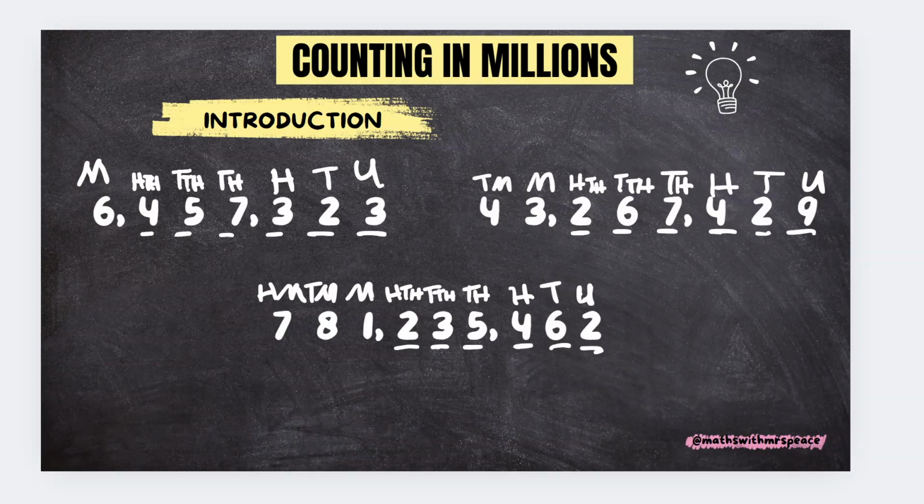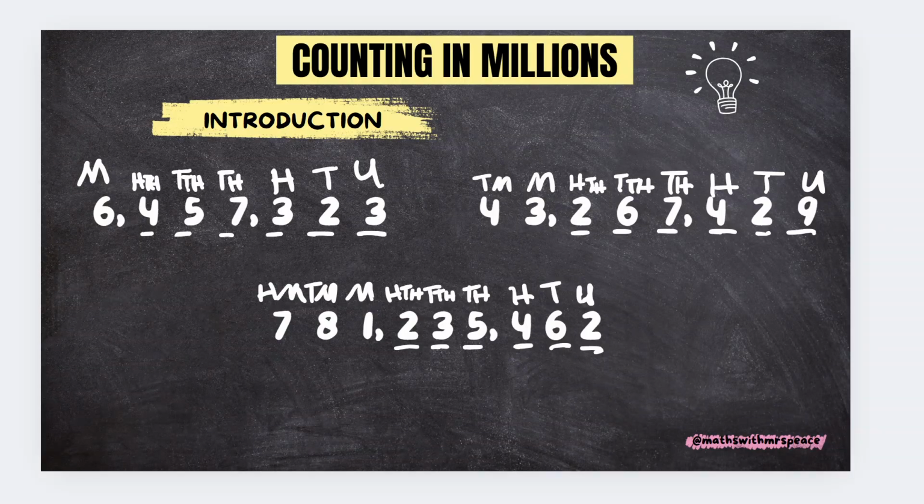So the first number has the place value of million, the second number has the place value 10 million, and the third number has place value 100 million. I hope that with this we'll be able to identify numbers in millions.